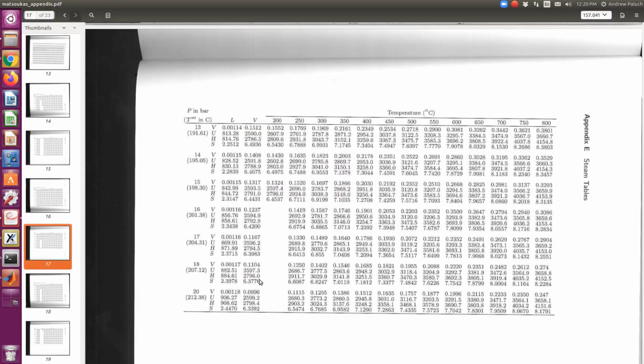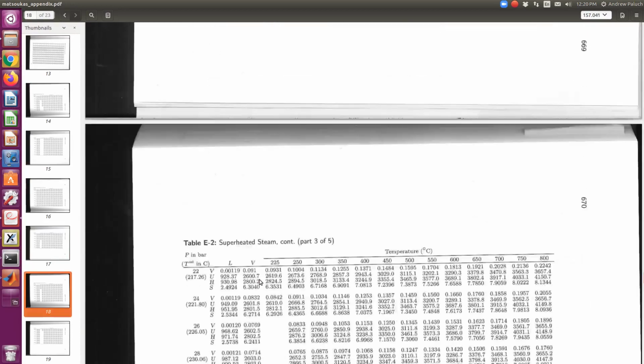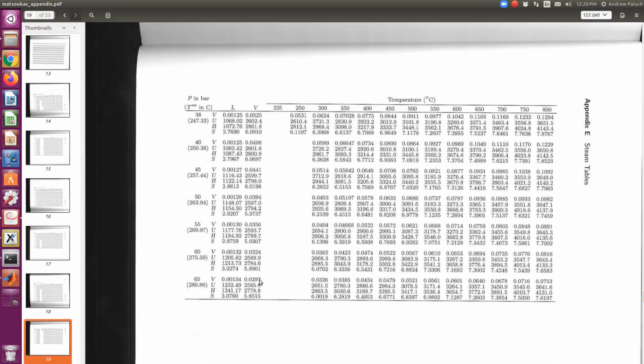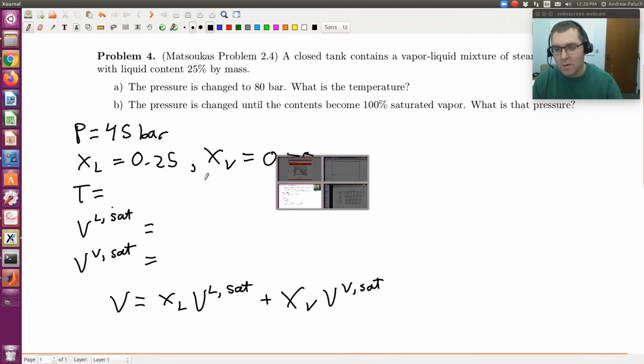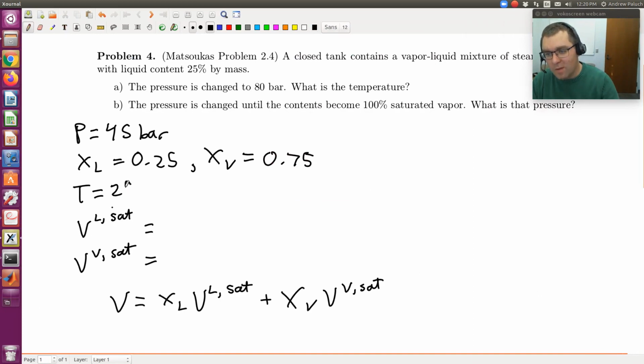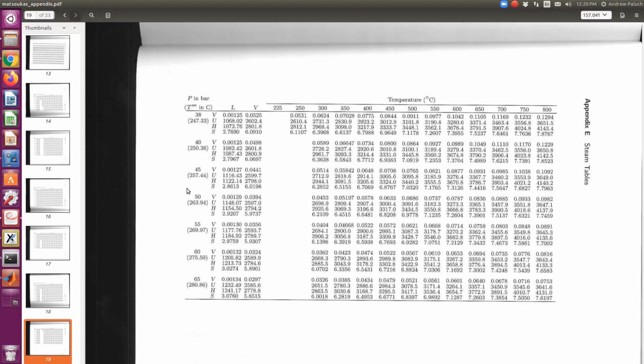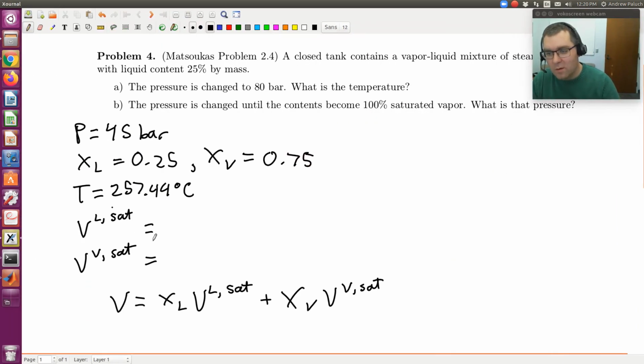All right, so I have a pressure of 45 bars. I still have my saturated steam tables open. And we get lucky this time, 45 bars is on there. My apology, this is my superheated steam tables. But remember, this first entry corresponds to vapor-liquid coexistence. So my temperature is 257.44 degrees C. The VL sat is 0.00127 meters cubed per kilogram.